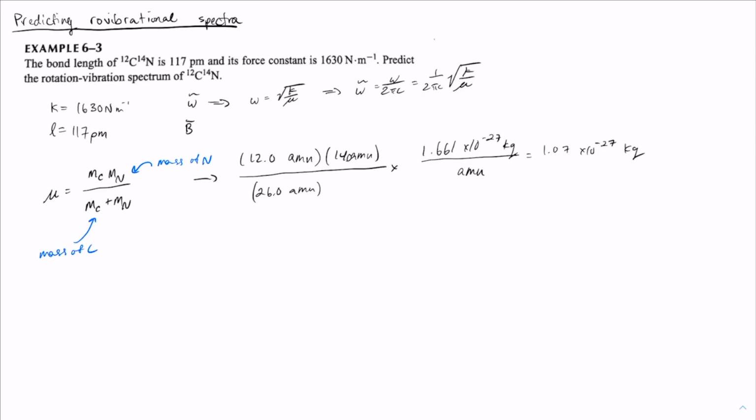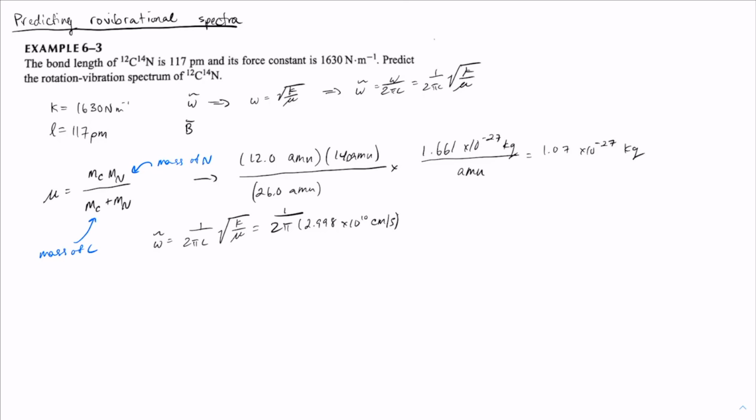And now we have everything else that we need for omega tilde as well. This is 1 over 2 pi times 2.998 times 10 to the 10 centimeters per second.